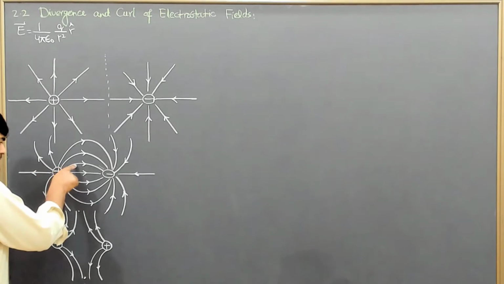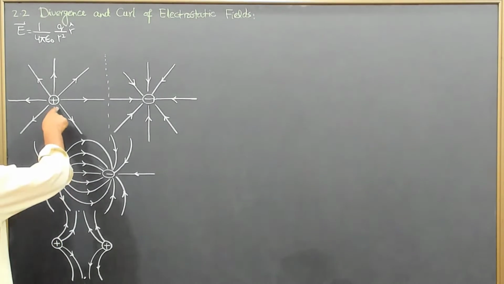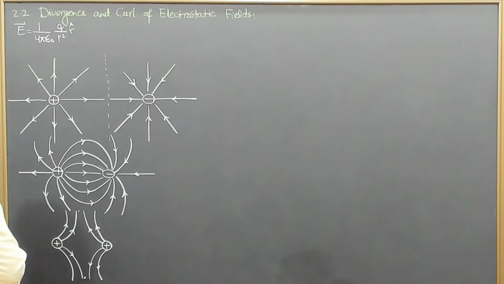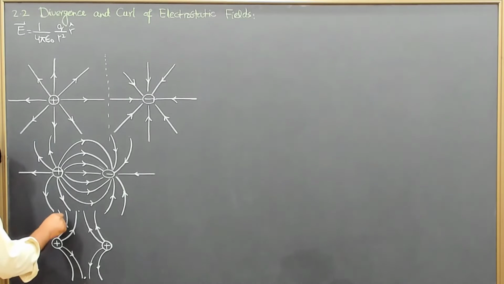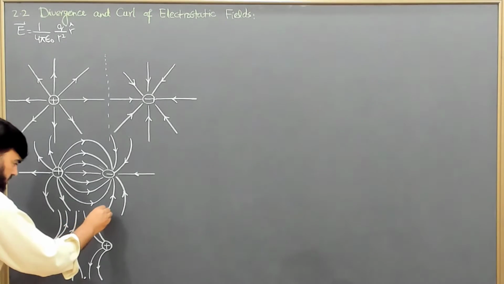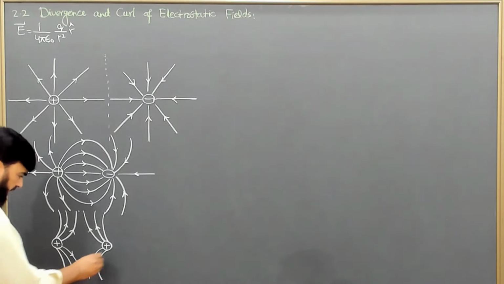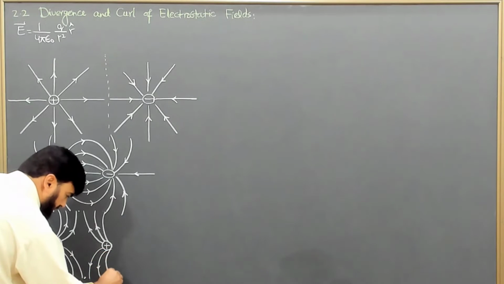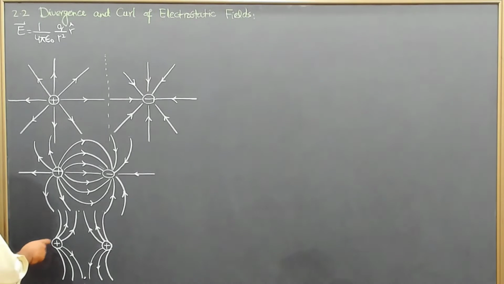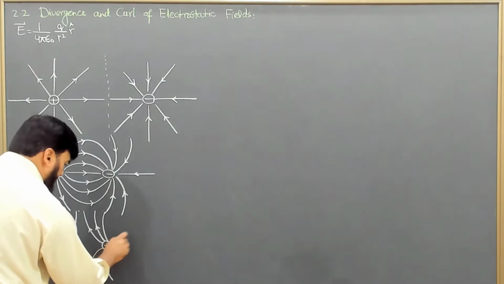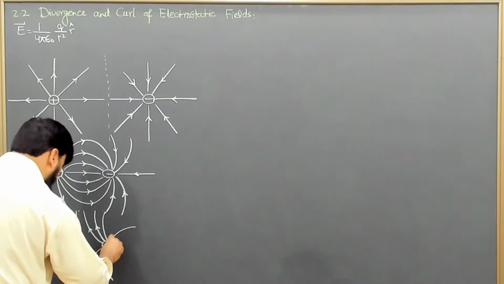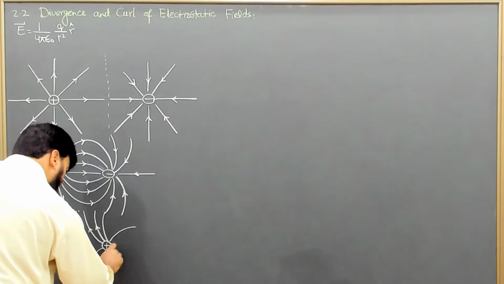Nonetheless, these lines as well as these lines will not go over each other, they will not cross over, and similarly like this and like this and so on. So we will have some lines like this and here, while some lines like this and here.